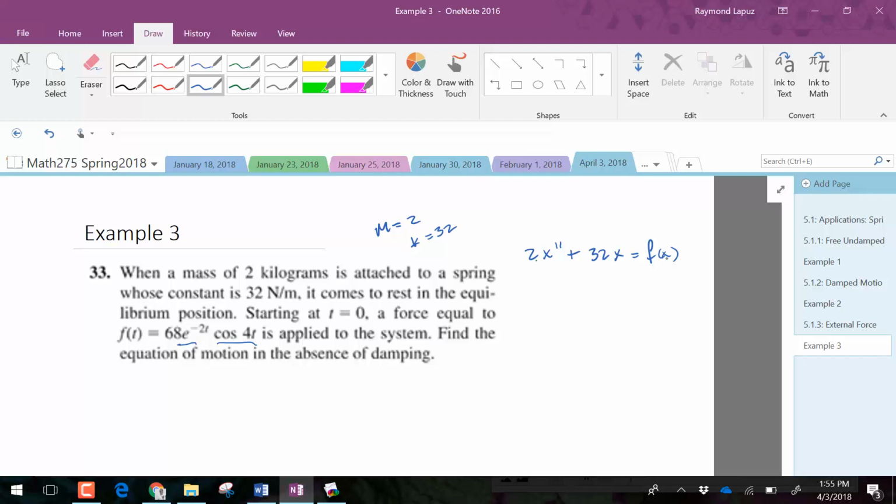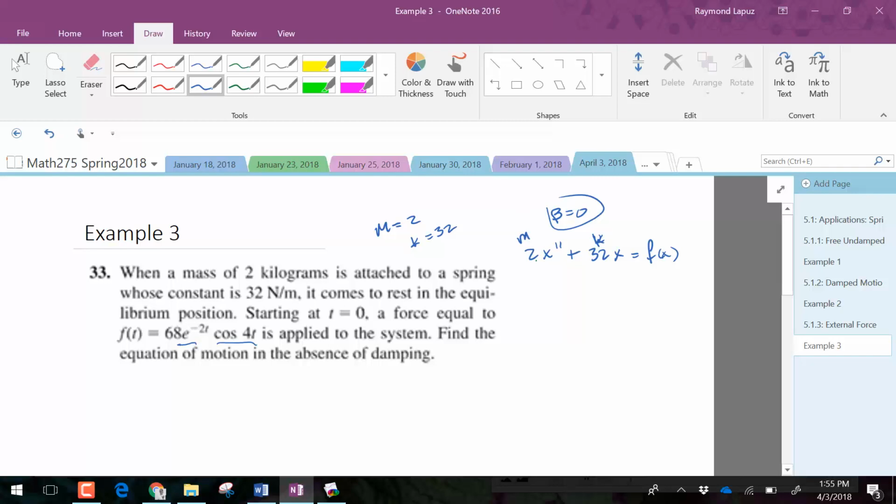Is that it? That's it, right? So this is your mass and your k. Your beta is equal to 0, and you have an external force. So to solve for this, let's see.